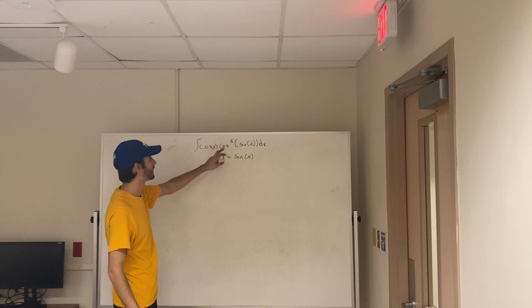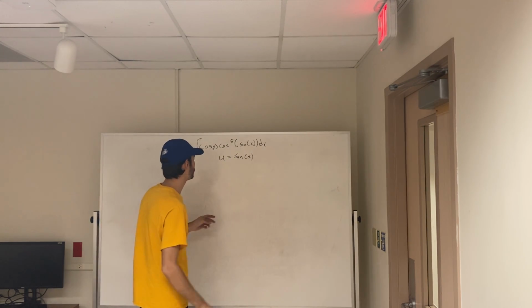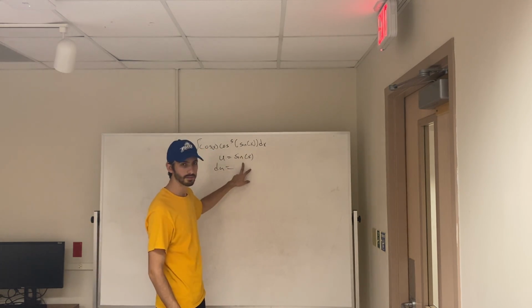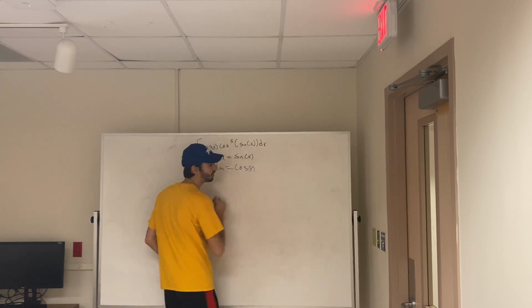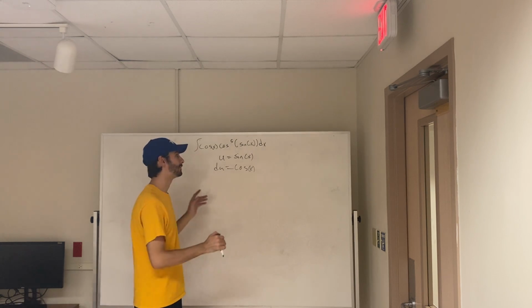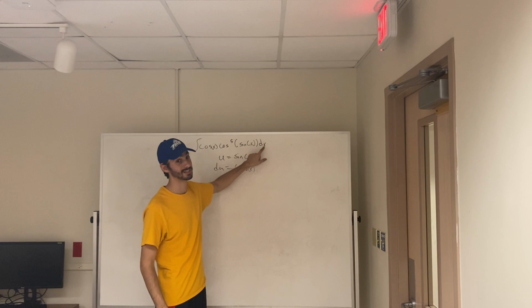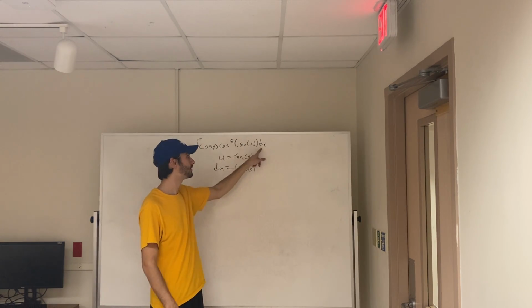But we still have cosine and cosine times each other. So the derivative of u is the derivative of sine x. So that's going to be cosine x. And you might think, oh, that just gets rid of this right here. And then, no. So we actually have to go and solve for dx here because we can have these values substituted, but we still have a dx on the end.